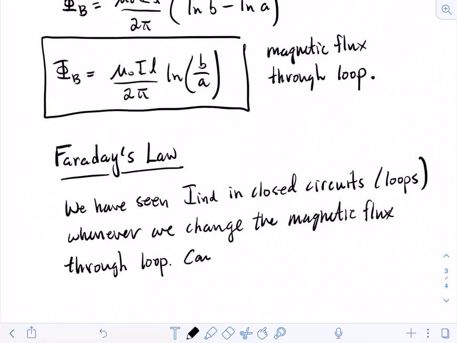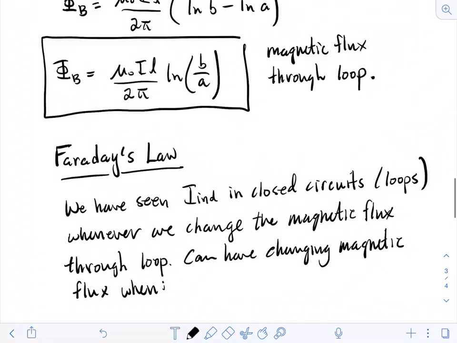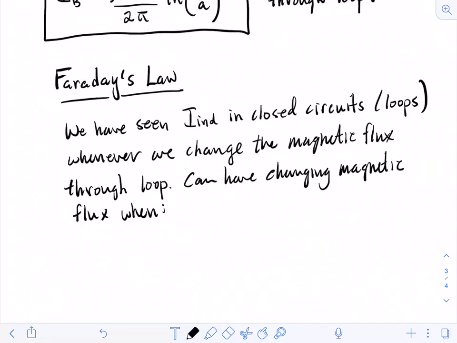We can have a changing magnetic flux when, well, one example was for motional EMF, we moved a bar along some conducting rails, and that effectively changed the area of our loop.